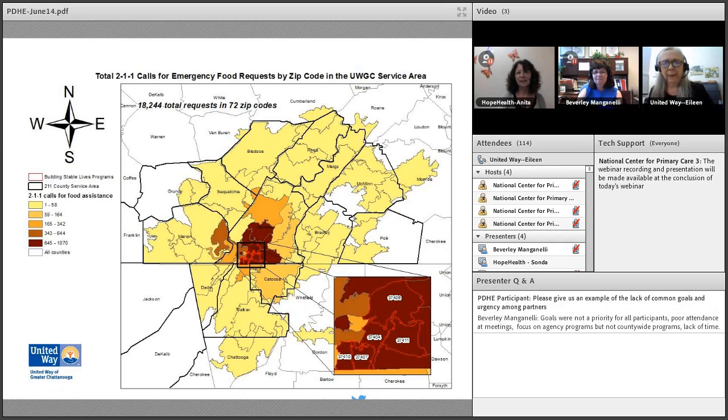So we're less about pounds now and more about nutrition. So I expect that's going to change as well, and that we helped raise the awareness about that. I was able to show not only where emergency food requests were, but who was providing those food boxes. And it was the churches all throughout this area. So what we did, too, was try to educate the churches.